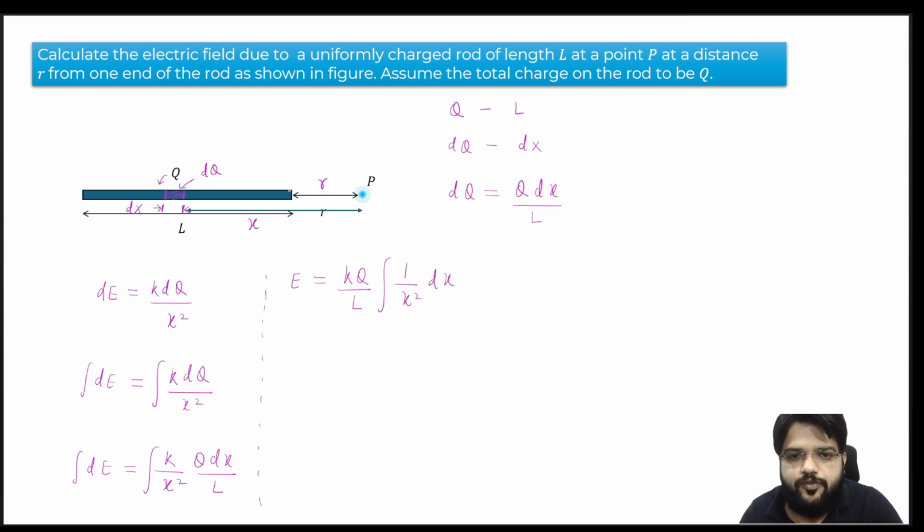And put the limit also. So the first element is present here and the last element is here. So the limit of integration is what? R to R plus L. This is the limit of integration. All right. Now this thing can be written as 1 by x square, x power minus 2 also.